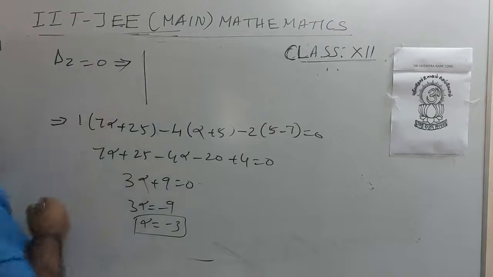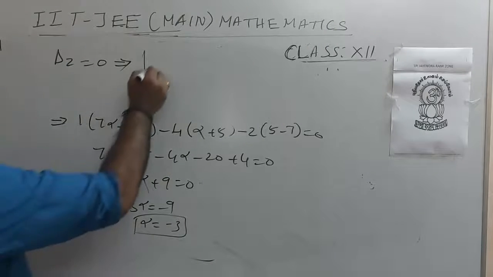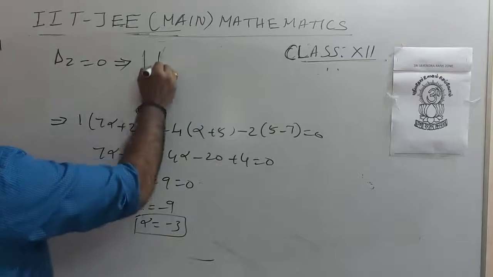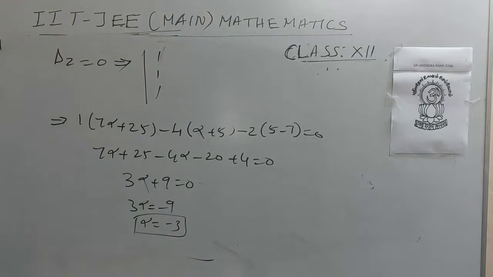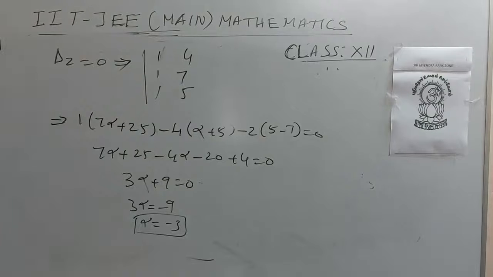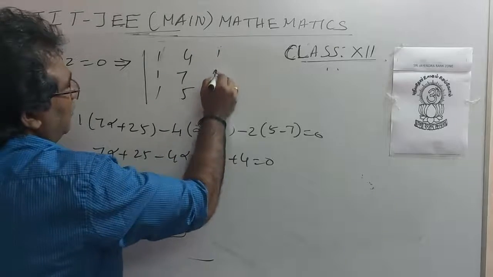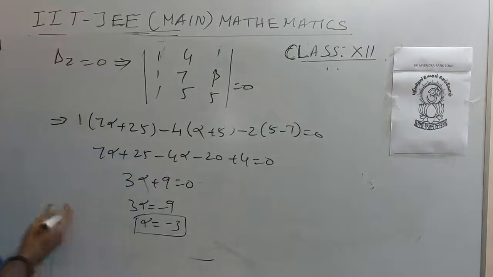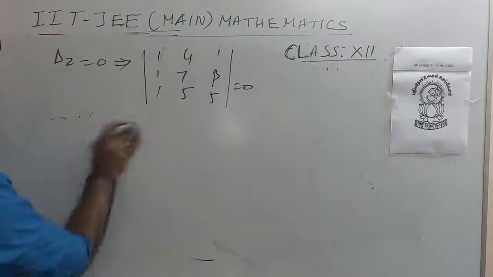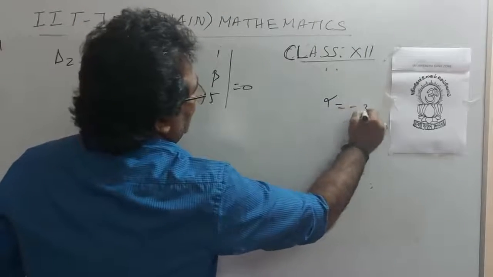We keep the first two columns as it is, 1 4, 1 7, 1 5, and in place of the third column we write 1 beta 5, which is equal to 0. That is delta x equal to 0. You have found alpha equal to minus 3.